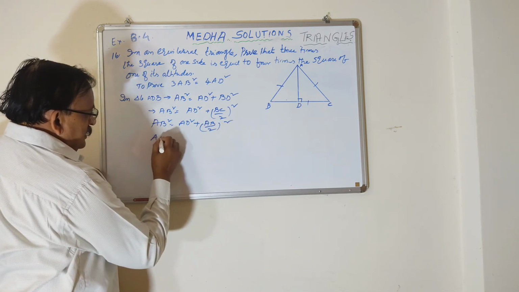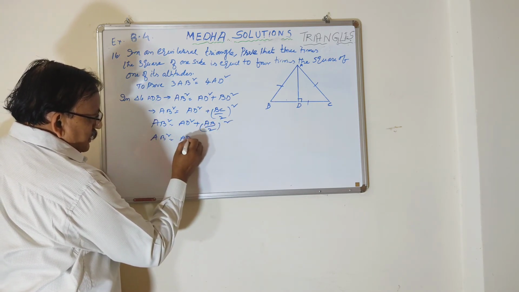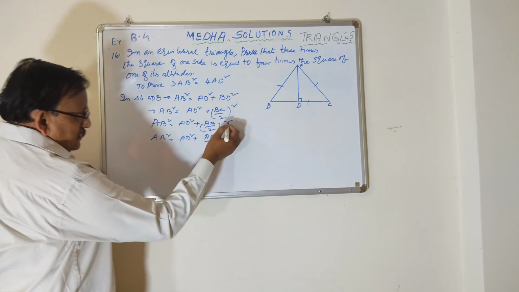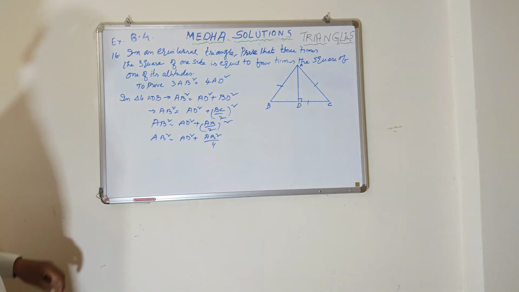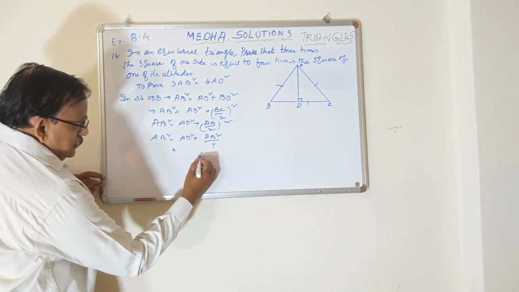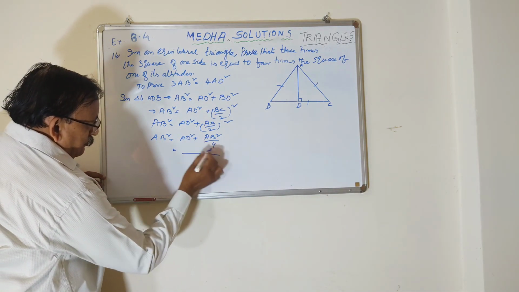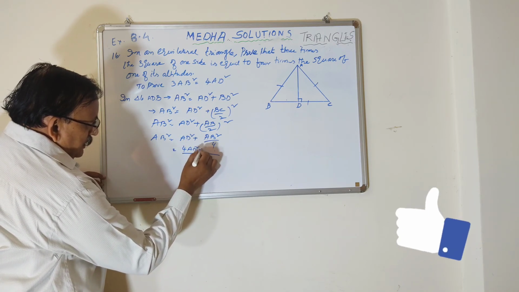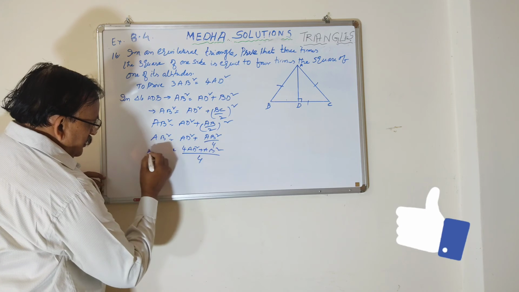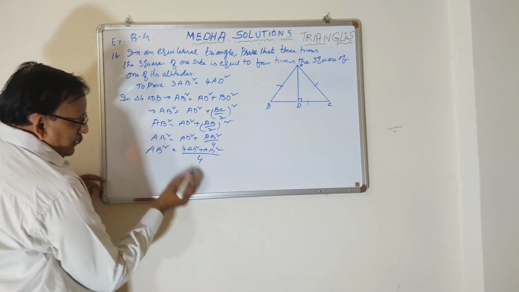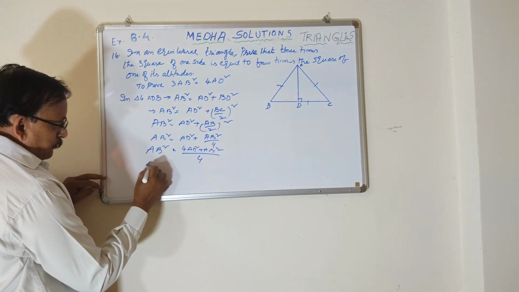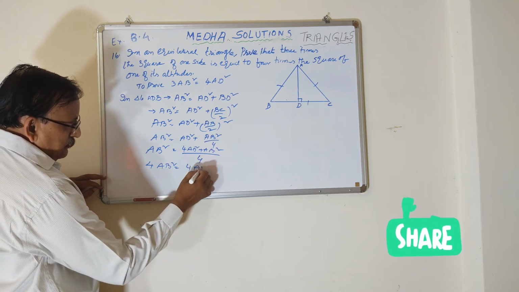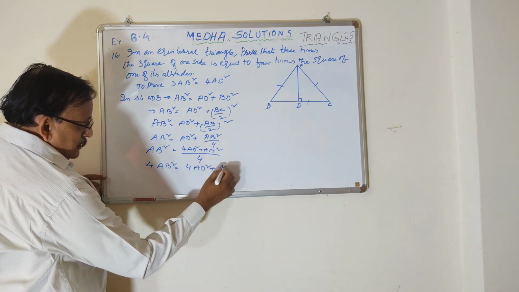So AB square is equal to AD square plus AB square by 4. Expand the square, and now the LCM is 4. 4 AB square is equal to 4 AD square plus AB square.